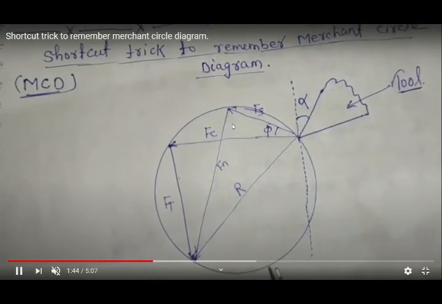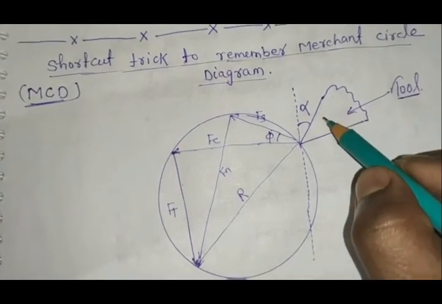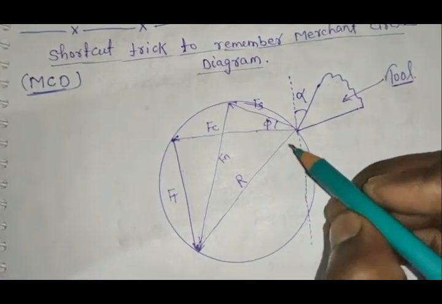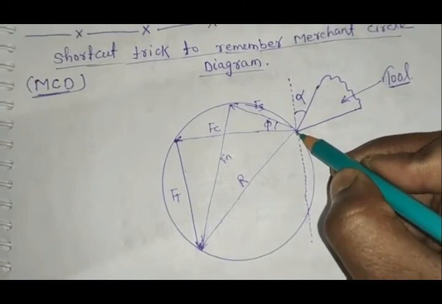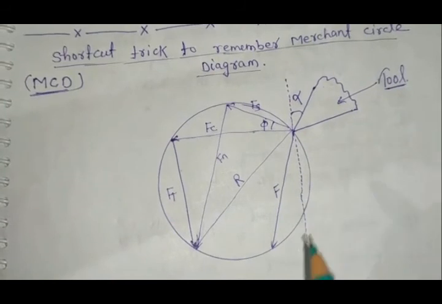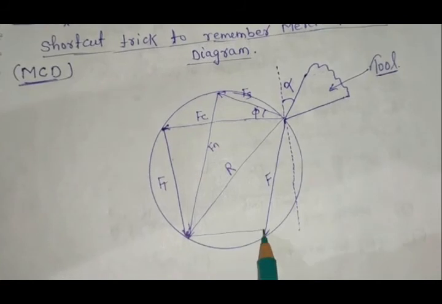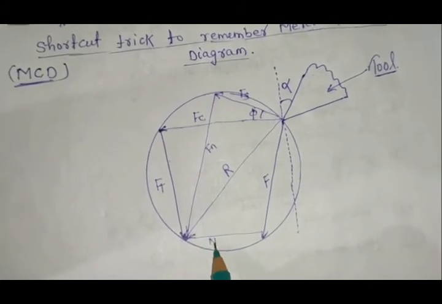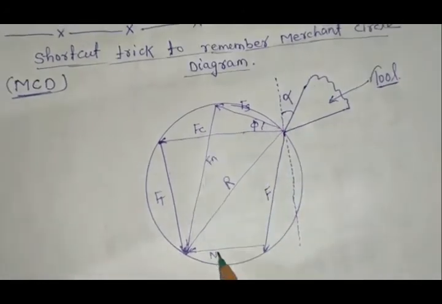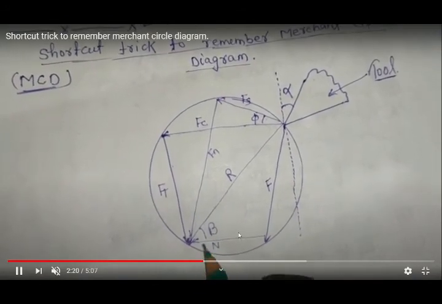Fn is equal to the normal force. And next, one more downward line, that line is the F. And next we identify the terms also here.